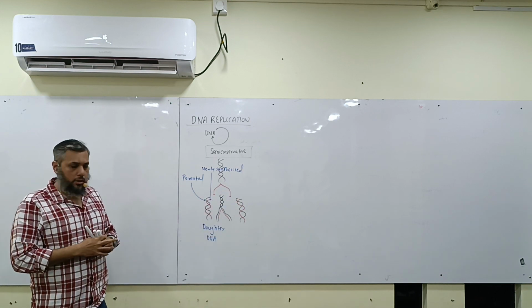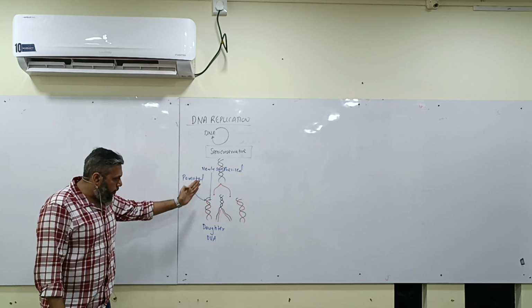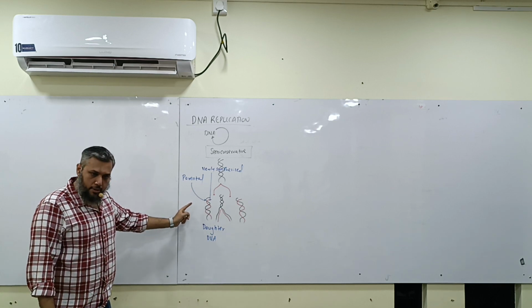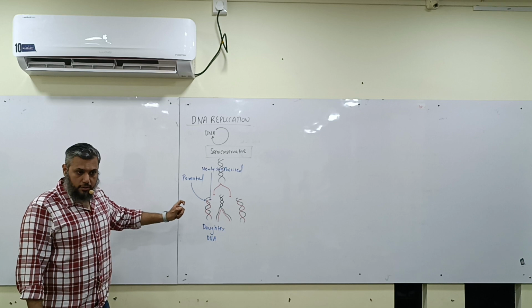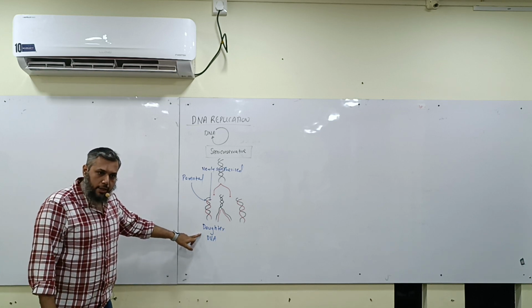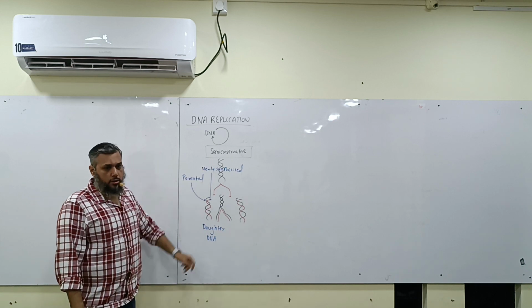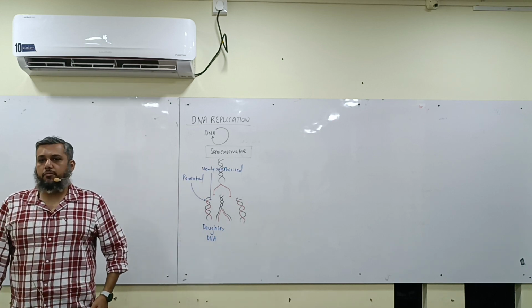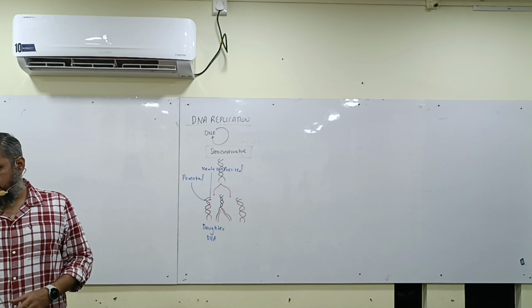Got my point? So can I say half of the parental DNA is saved या फिर conserved in the daughter DNA? So what is the right word to be used? Semi-conservative method of DNA replication.